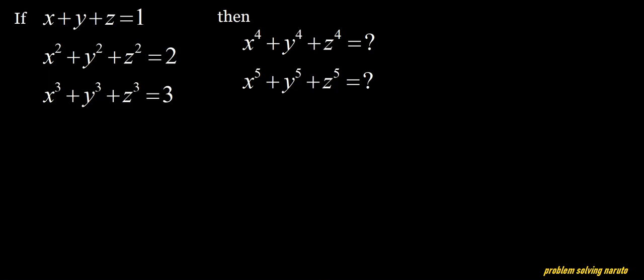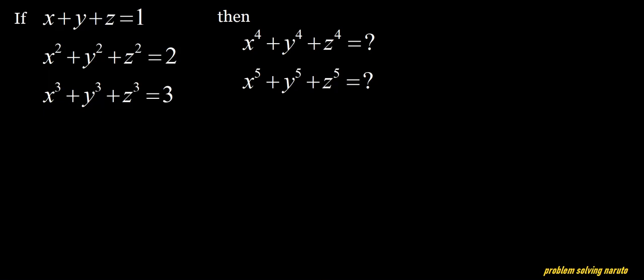So try not to directly solve for the values of x, y, z. We will need to somehow express this in terms of these. So basically an algebra problem where you just manipulate symbols.